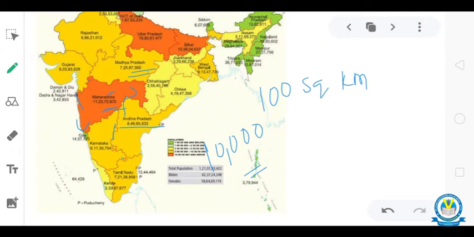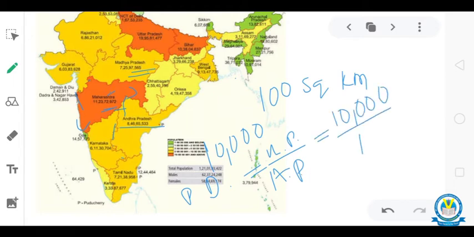So, population density is equal to the number of people divided by the area of the particular place. So, number of people 10,000 divided by 100 square kilometers.